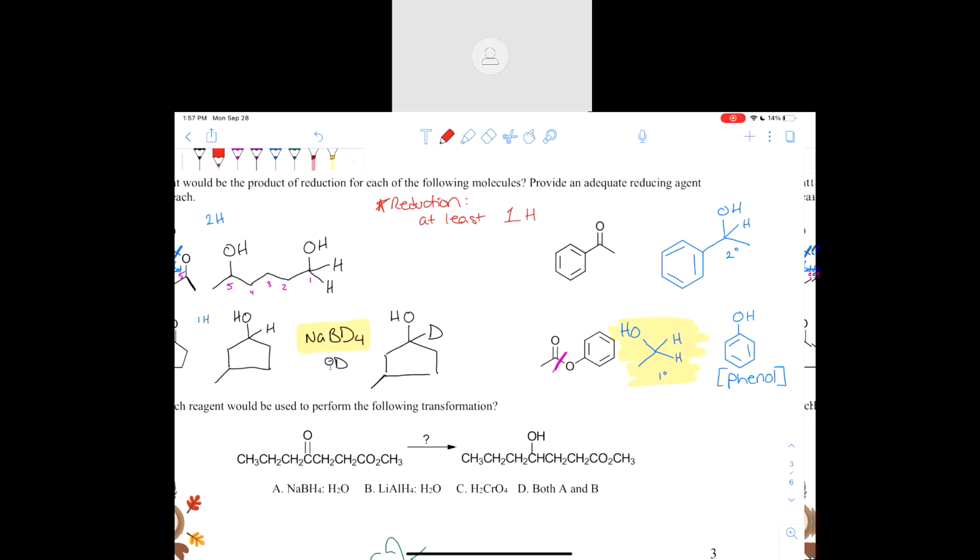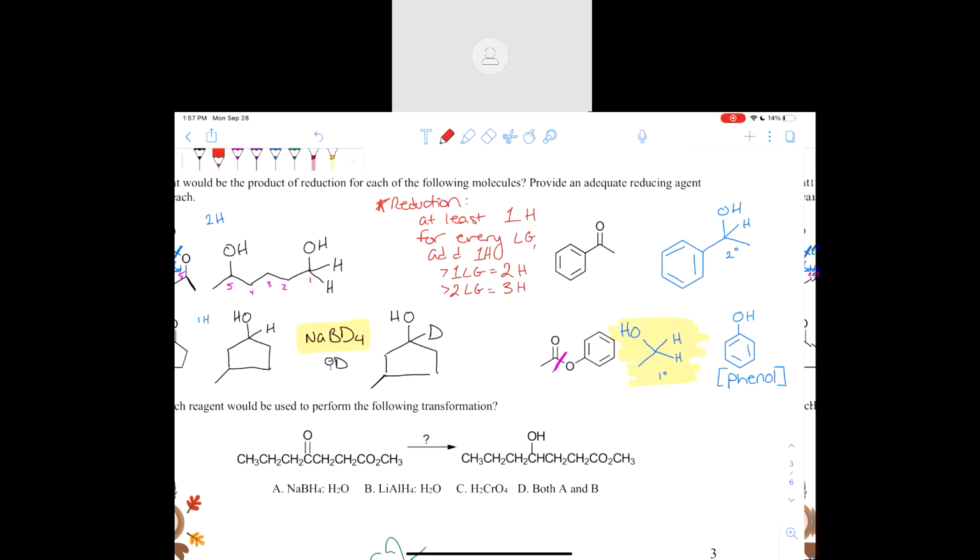And then for every leaving group you have, add 1 more hydrogen. So if you have 1 leaving group, you add 2 hydrogens. If you were to have 2 leaving groups, you would add 3 hydrogens, but we don't really do that in this class. So that's kind of the summary, how I remember it.